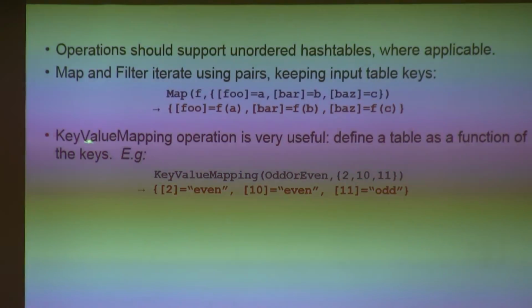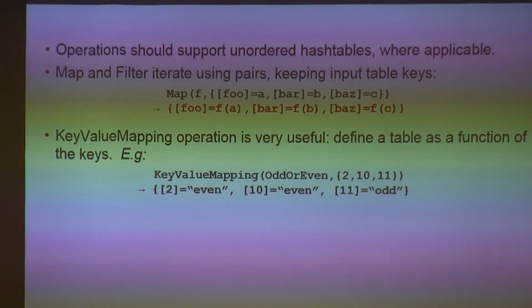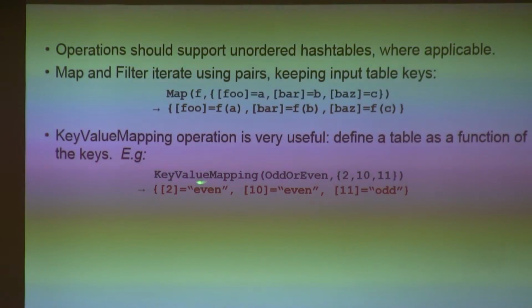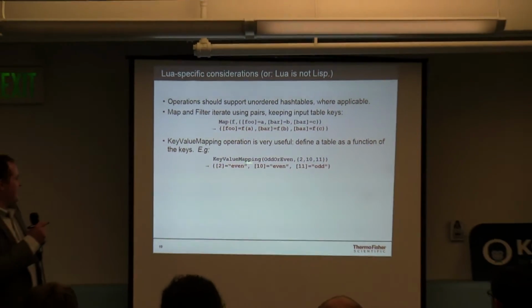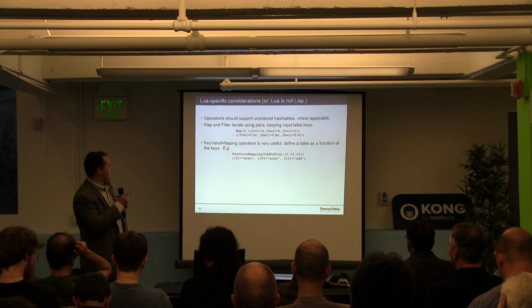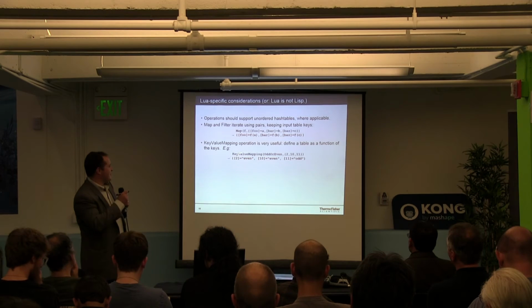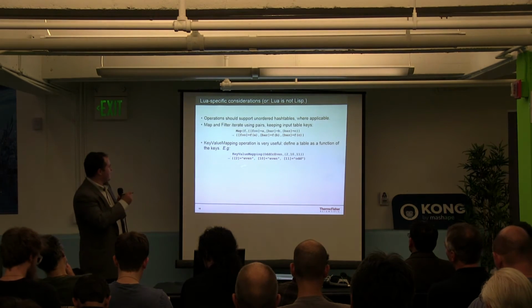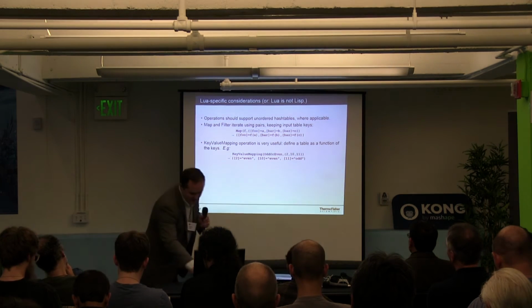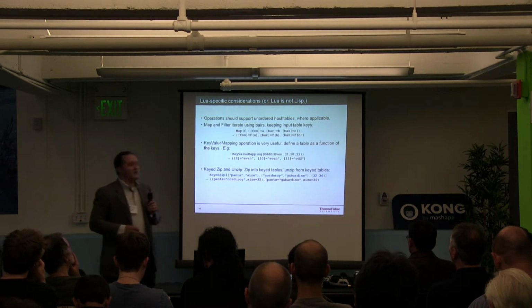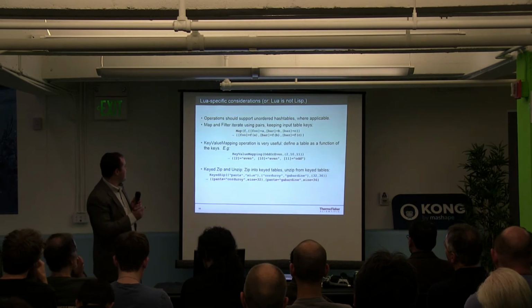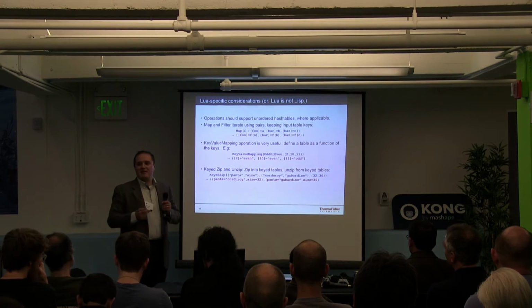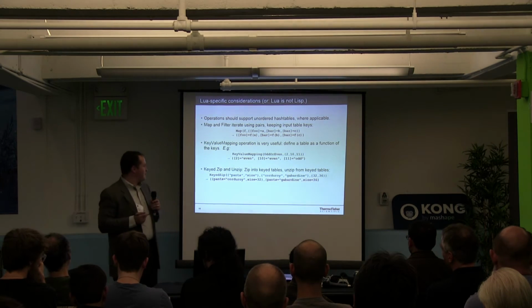Second, it's useful to also have around a key value mapping operation to generate a table. You provide a function, and it looks like a map, but you preserve the inputs as the keys, you don't preserve the original keys. And then finally, all of the toys that one would typically use when programming in a more functional paradigm have to accommodate arbitrary keys for the tables.